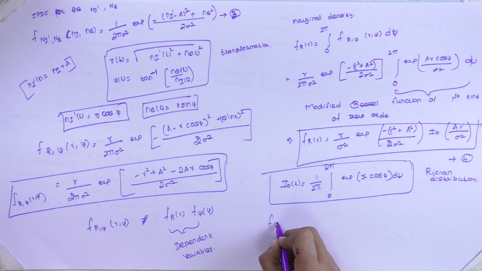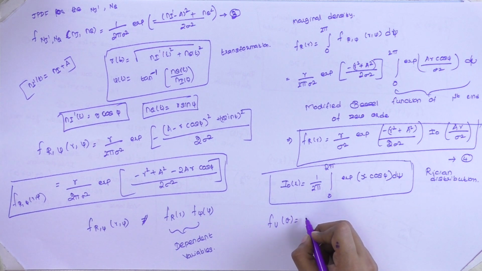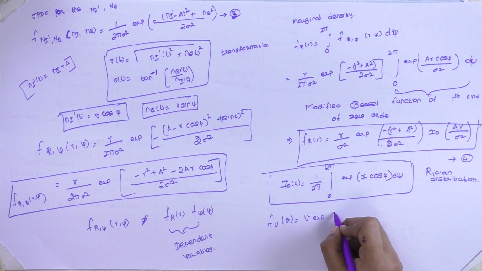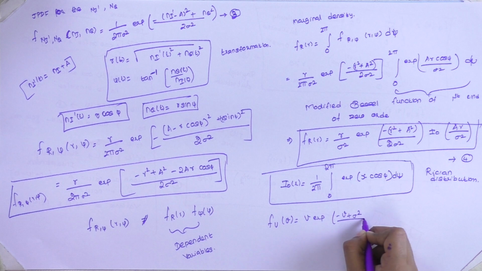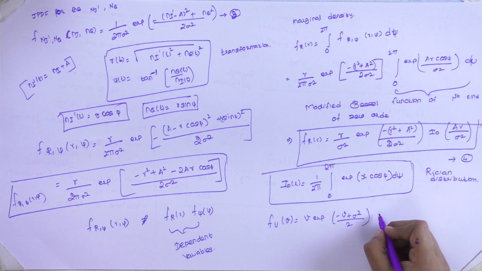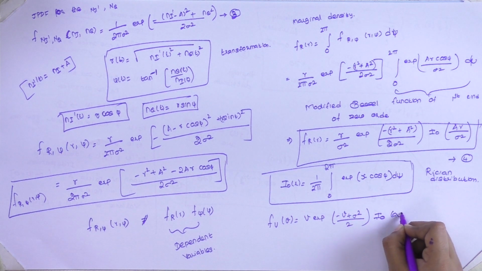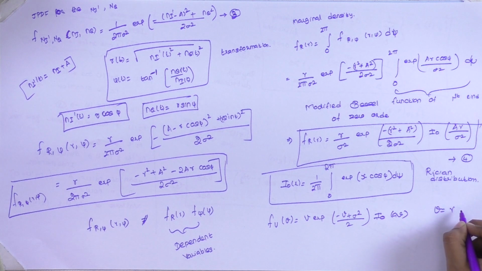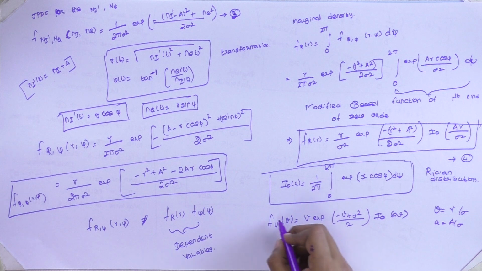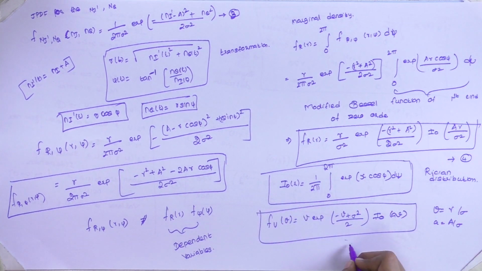In normalized form, it can be written as f of v is equal to v into exponential of minus v square plus a square divided by 2, into I naught of av, where v is equal to small r by sigma and a is equal to capital A by sigma. This is the normalized distribution.